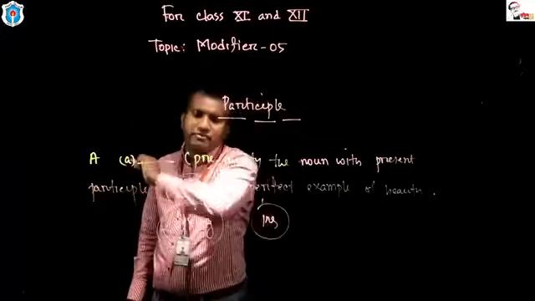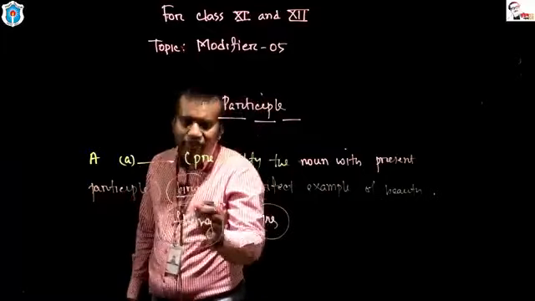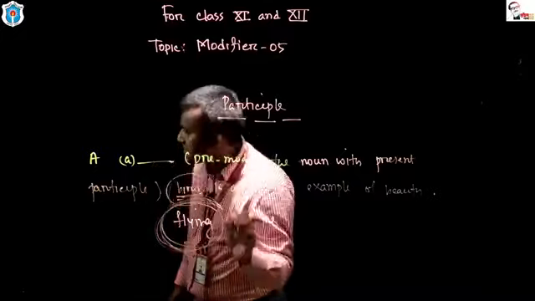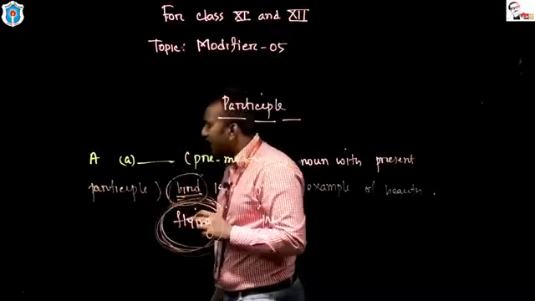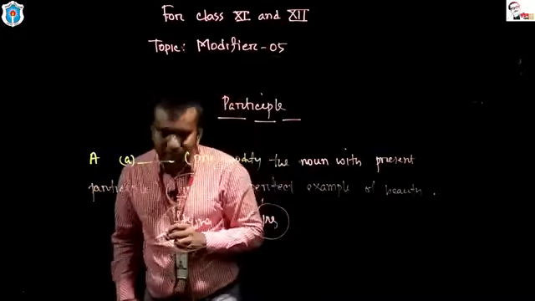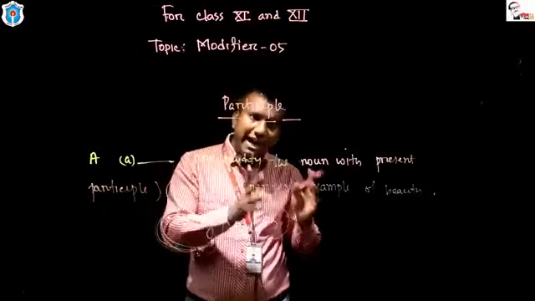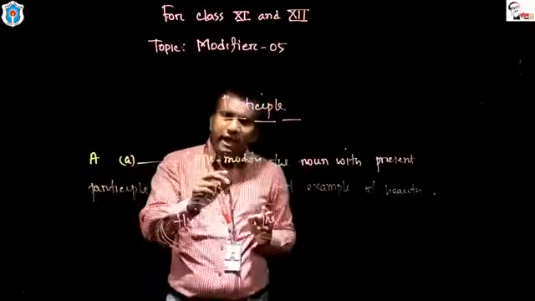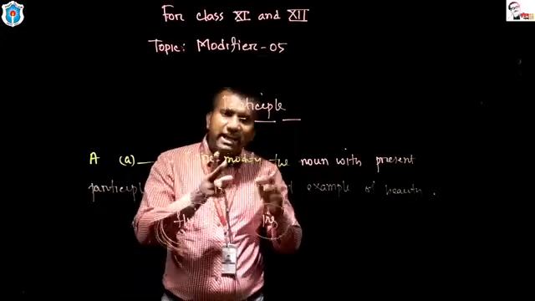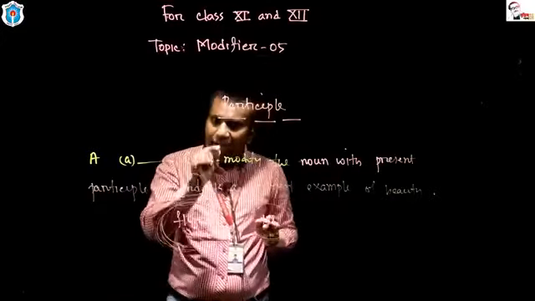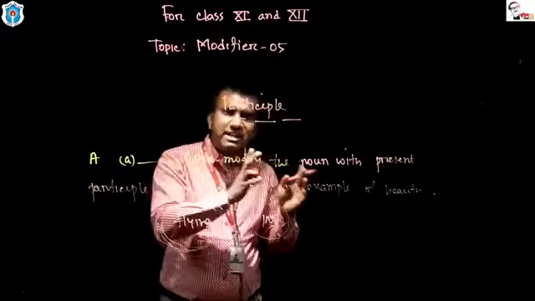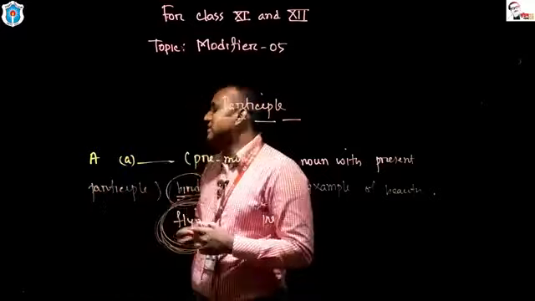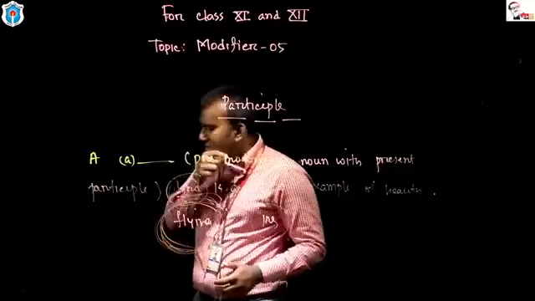Bird is a noun, that's why flying has become an adjective. If any verb functions as adjective, that verb will be called participle.